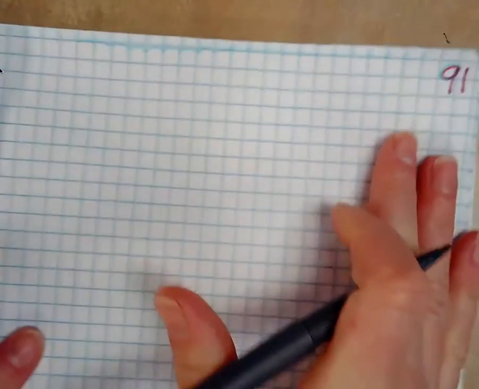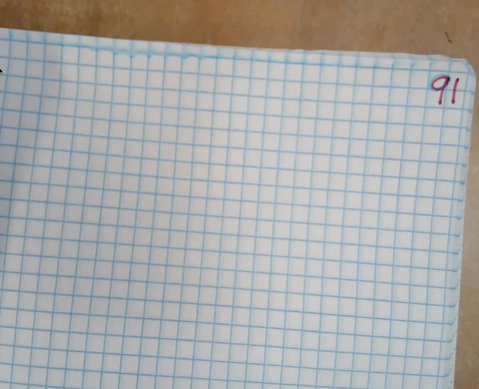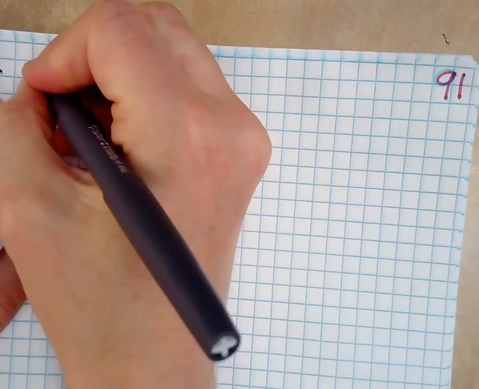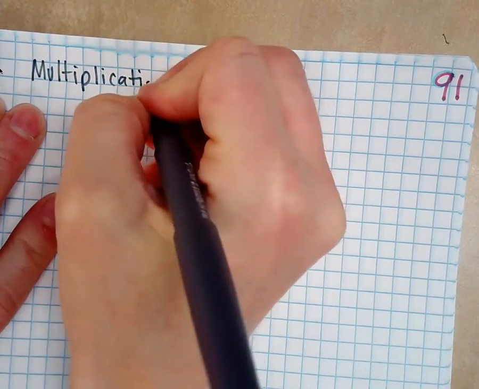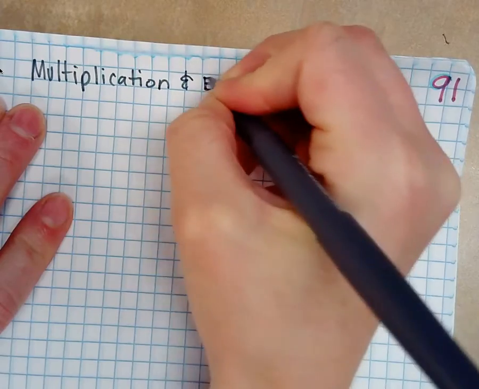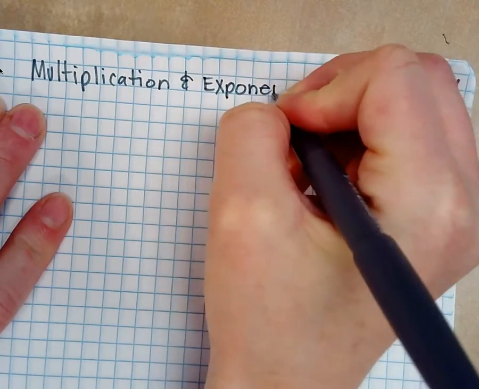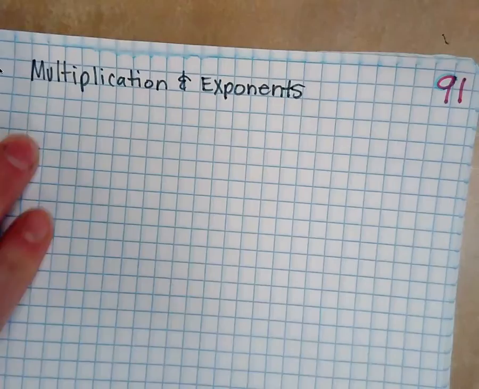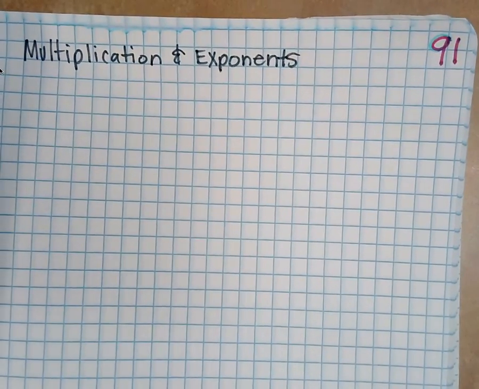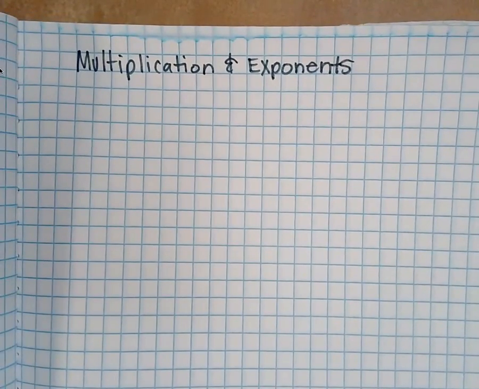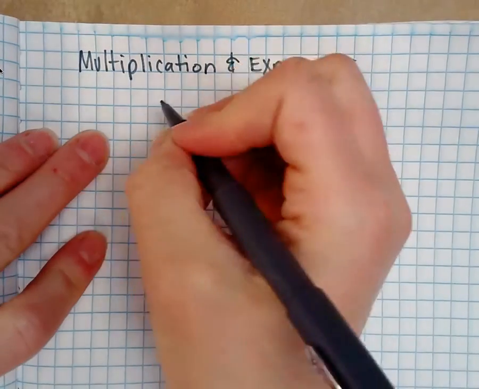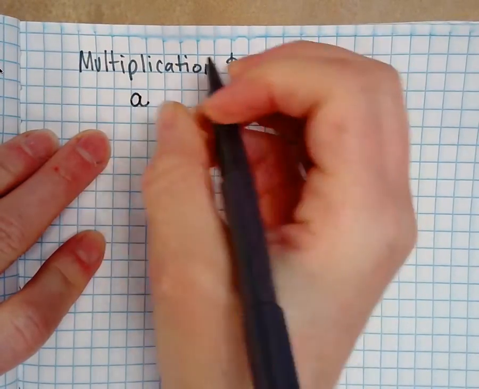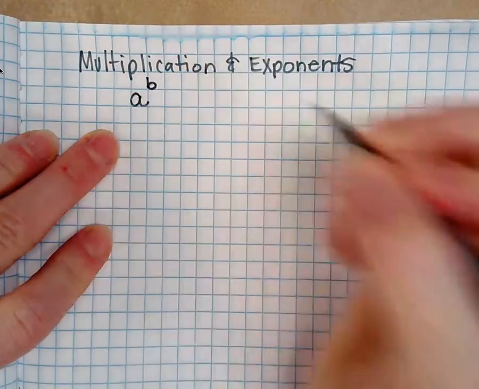All right, let's go to the next page in our journal, and we are going to do a little bit of notes. Multiplication and exponents. For an exponent, let's say it's a to the b power.